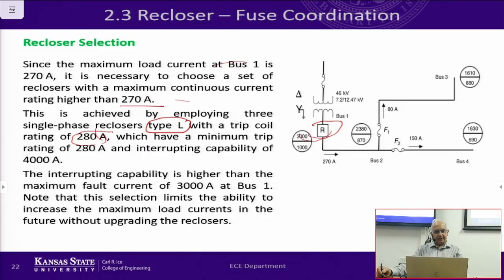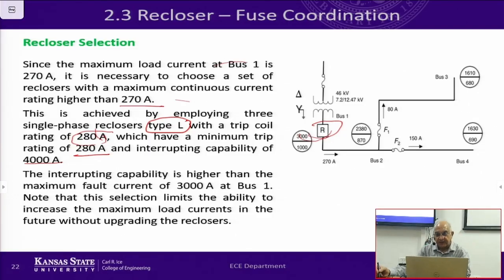So we pick this one: the recloser with a trip coil rating of 280, and 4000 amps is its fault interrupting capacity. That's higher than 3000, which is the maximum fault current. So this recloser with 280 amp trip coil and 4000 amps interrupting capacity is good for this location.